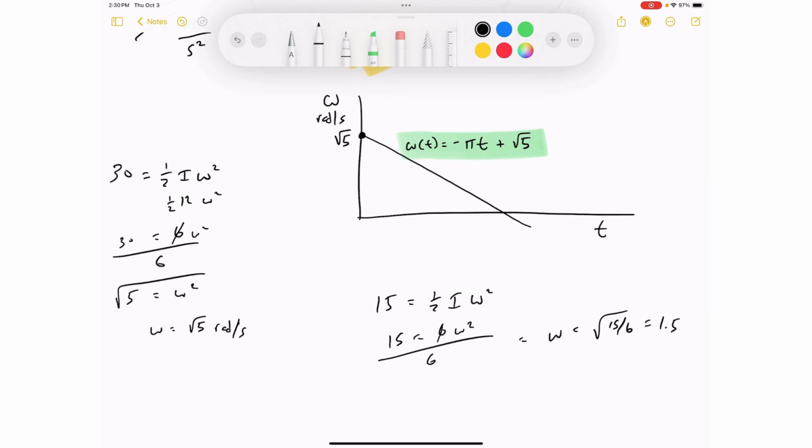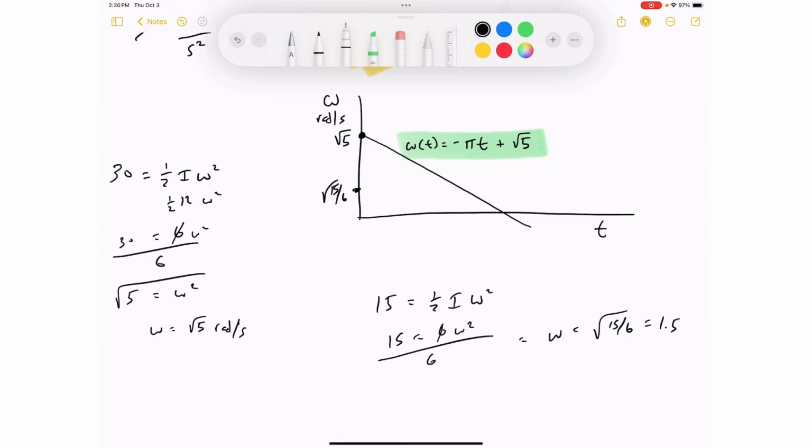So this thing is going at square root of 5, or 2.2, and it's going to slow down to 1.5. Once it's slowed down, just to keep everything exact, we'll write square root of 15 divided by 6, which, like I said, is about 1.5.